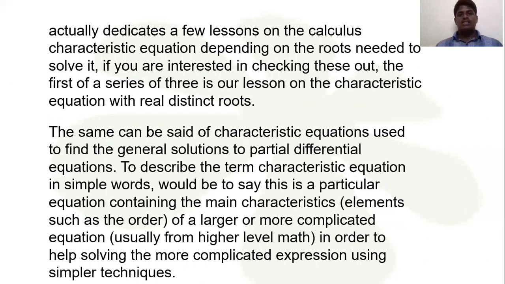There are a few lessons dedicated to the calculus characteristic equation depending on the roots needed to solve it. If you are interested in checking this out, the first of a series of three is our lesson on the characteristic equation with real distinct roots.